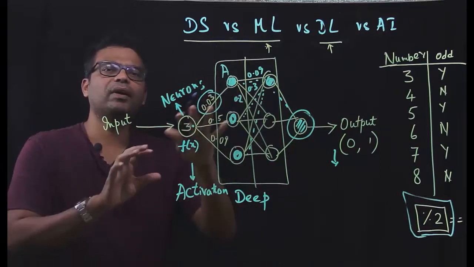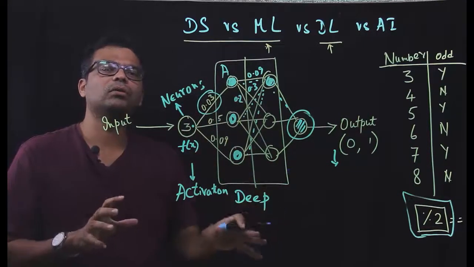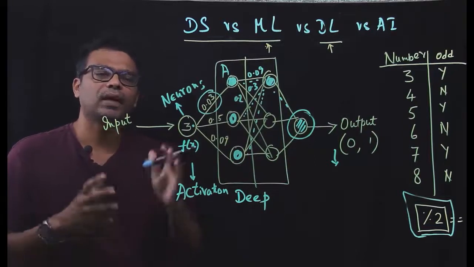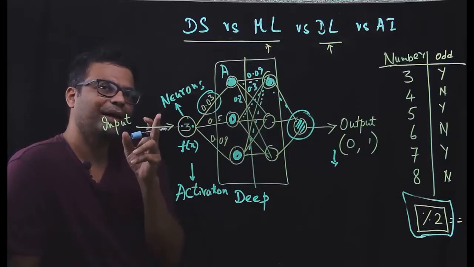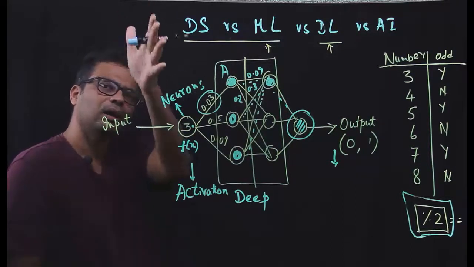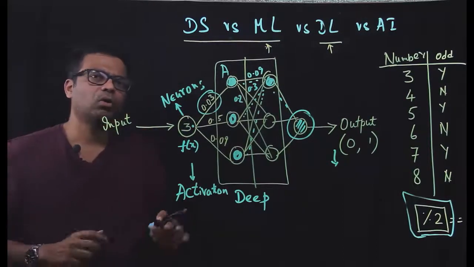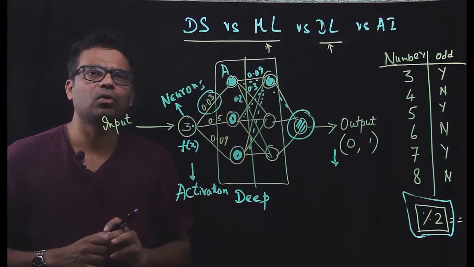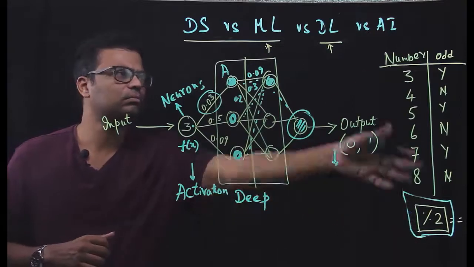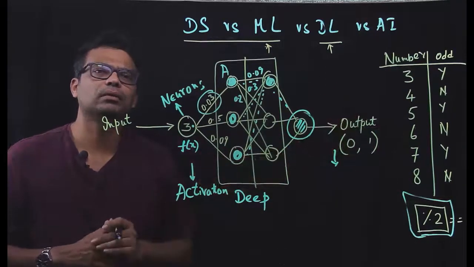The network will define the problem and the solution by itself. That's the beauty of a neural network. Now, this can be expanded to any kind of arbitrary problem.